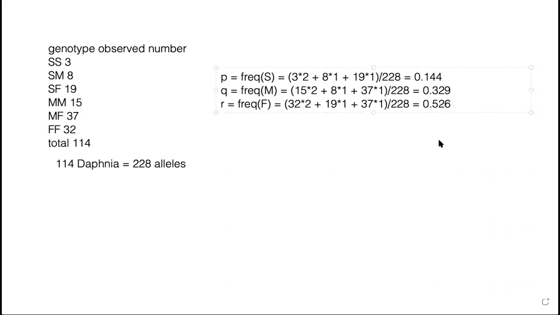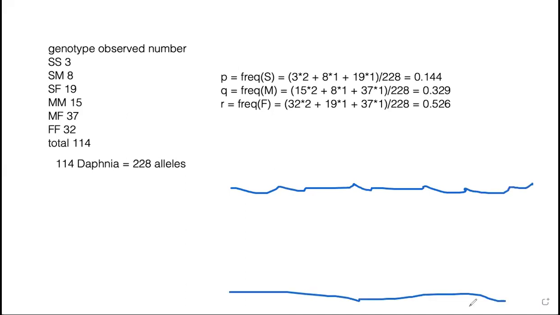How do we test whether the population's in Hardy-Weinberg? Well, let me go back to our imaginary ocean. Okay, there's our imaginary ocean, and there's our imaginary ocean floor. And on the bottom, we had a bunch of oysters, if you remember that we did this.